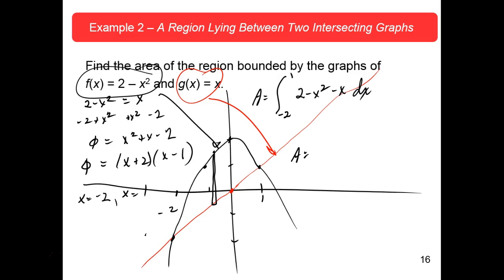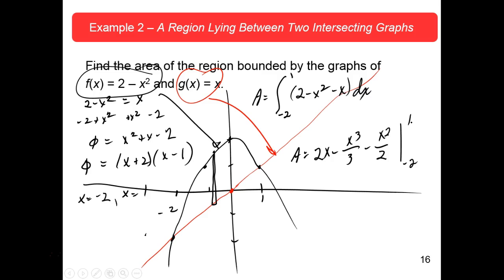So let's proceed with the integration. What does that give you? Help me, somebody. 2x minus x cubed over 3 minus x squared over 2 from negative 2 to 1. Okay?